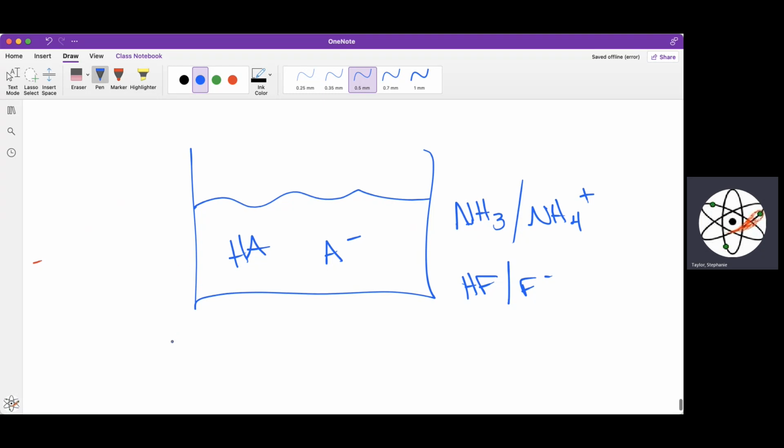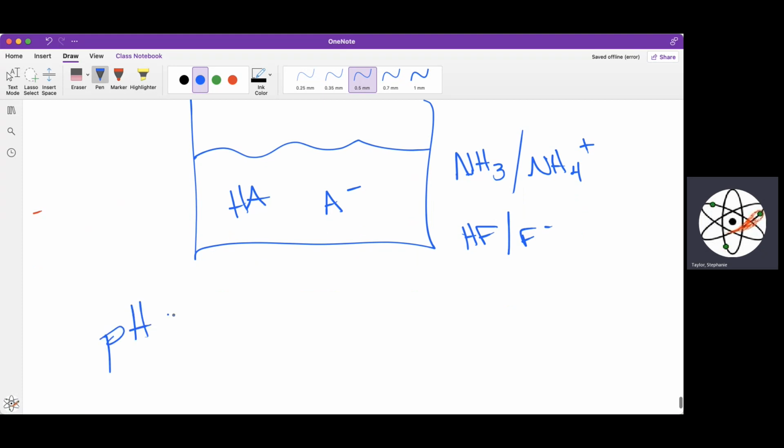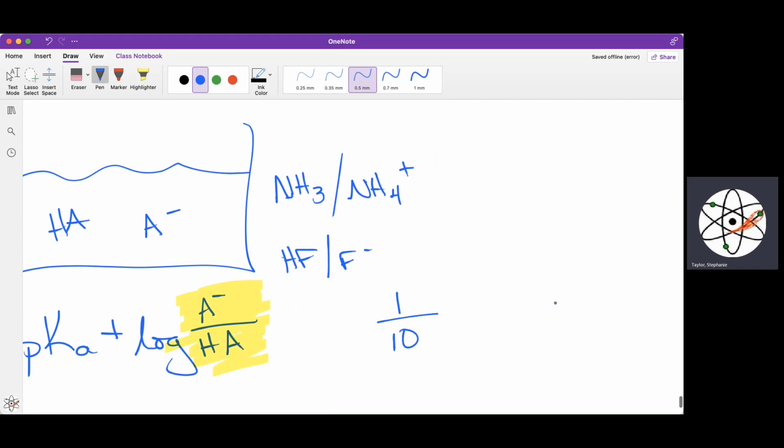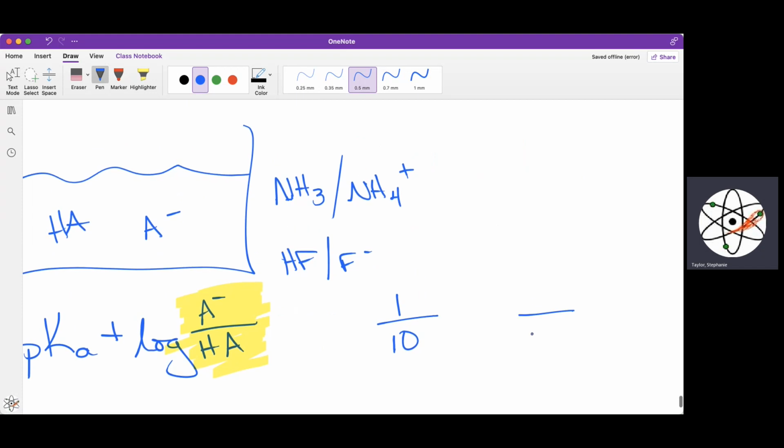Now, when I say it can be a buffer, there's an equation we typically use called the Henderson-Hasselbalch equation. Part of being a buffer is that the ratio of the weak species to its conjugate has to be within a factor of 10. So either my base is 1 and my acid is 10, or this is flipped and my acid is 1 and my base is 10.